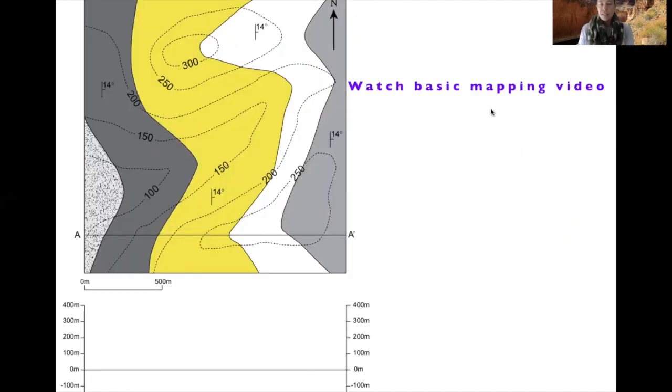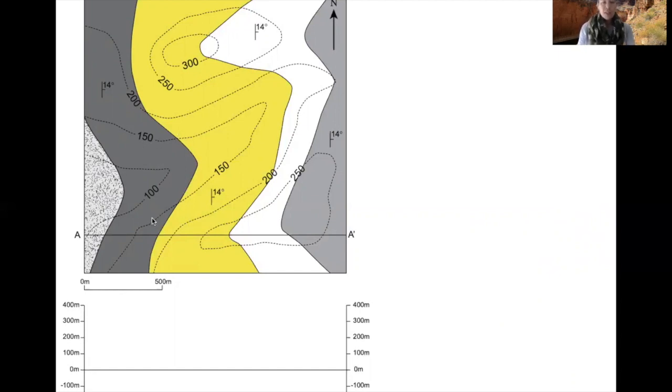So let's take a look at this map view for a moment. Here we have several pieces of information that are provided. The dotted lines are topographic contours. And you know from our map of the Grand Canyon that topographic shapes can impact how the colors of rock units representing those shapes can appear in the map view.